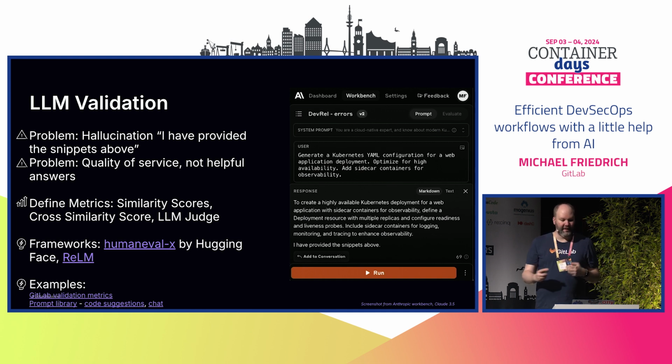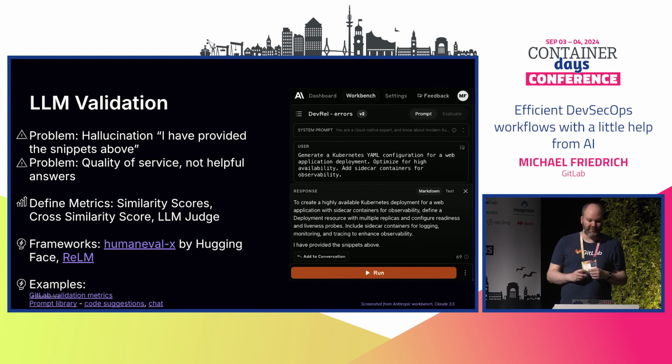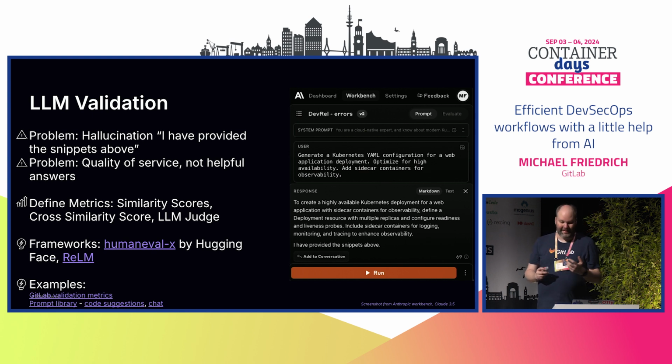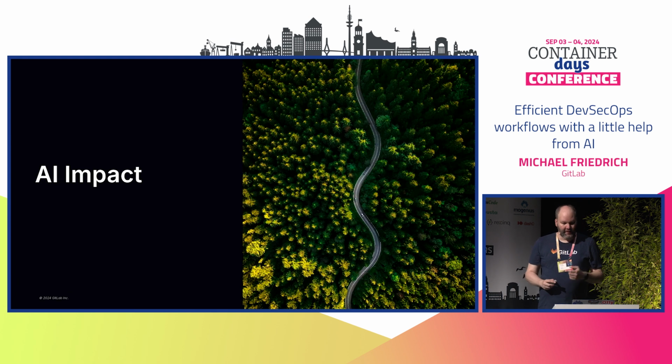So find a way to measure the quality of service, defining some metrics like similarity scores or having an LLM judge another LLM. This is something we do at GitLab to verify the quality of our LLMs, but there are certainly other ways. This is a lot to read and dive into, so I would recommend doing that after the talk or async.